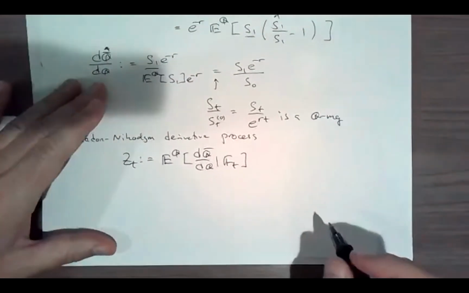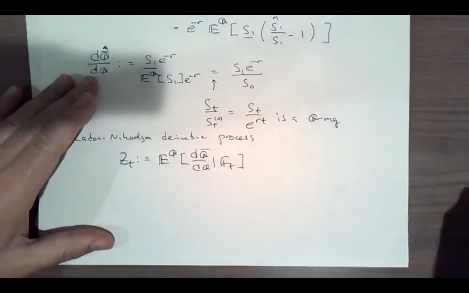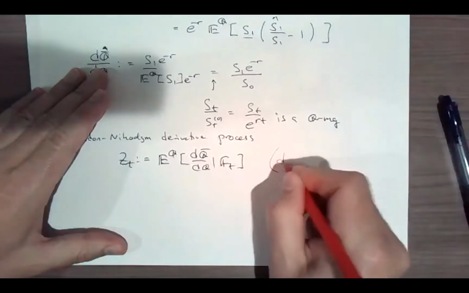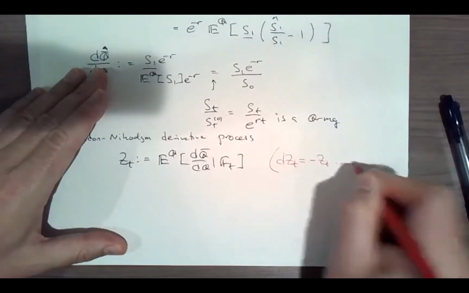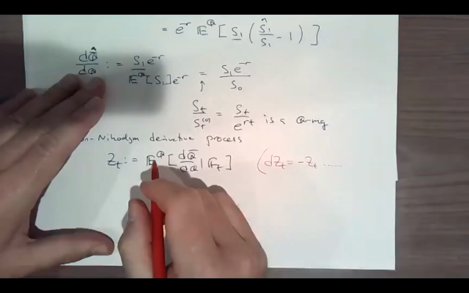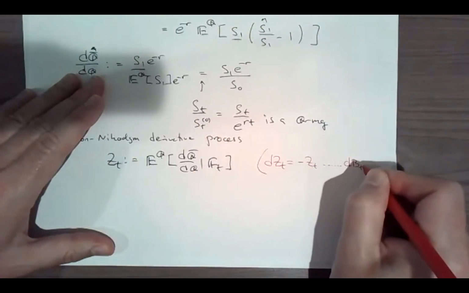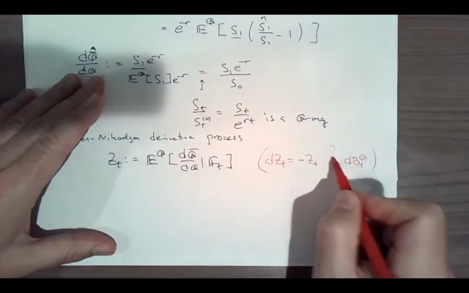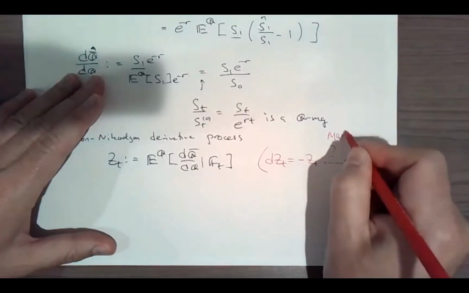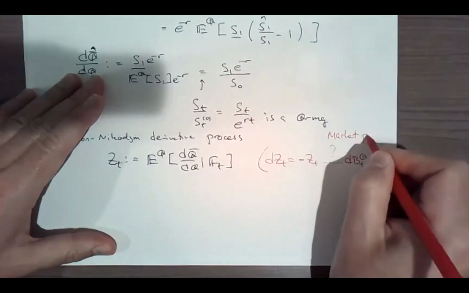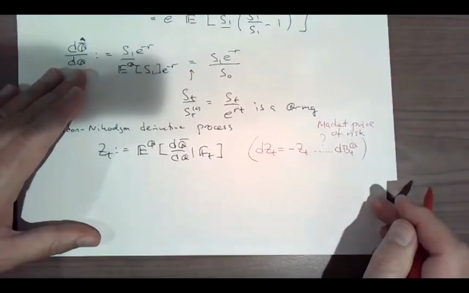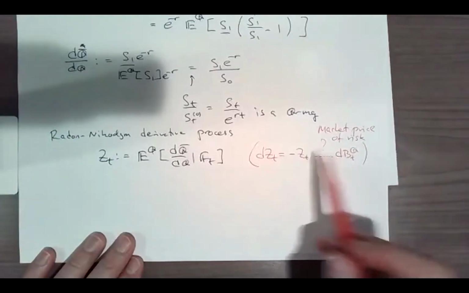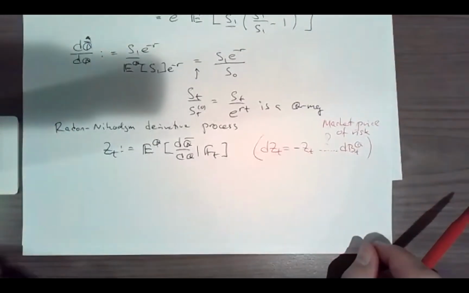I need to work out what the dynamics of this is. This is our goal. I need to write dZt as minus Zt times something here, times my Brownian motion dBtQ. This here is the market price of risk. What is that question mark? That's the name of the game as usual.